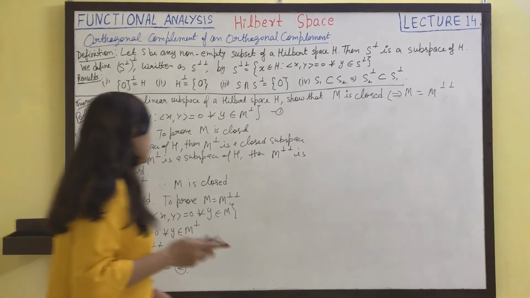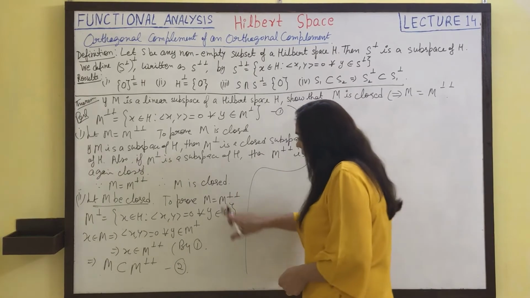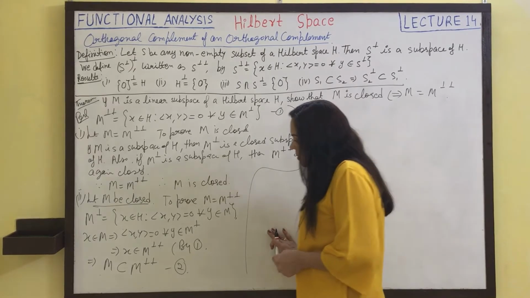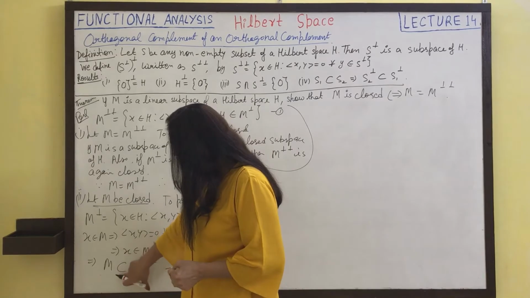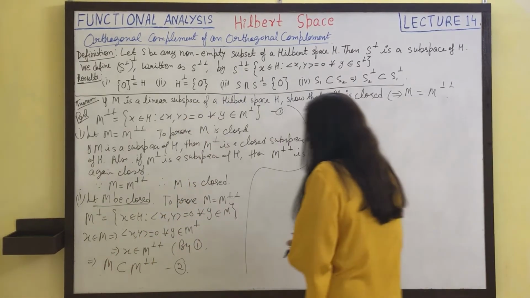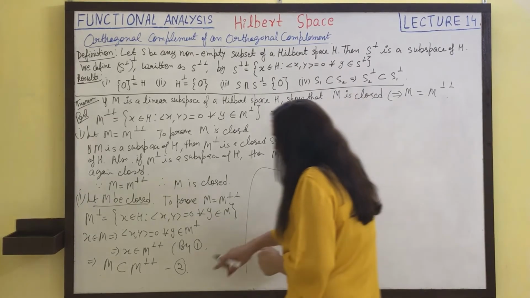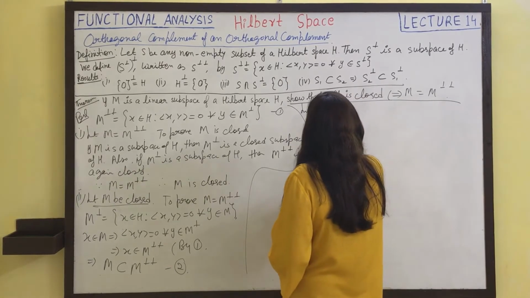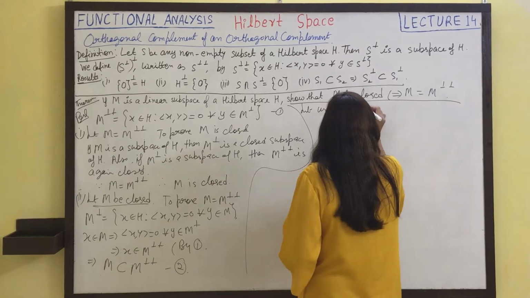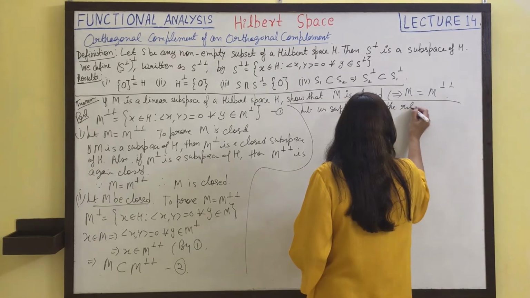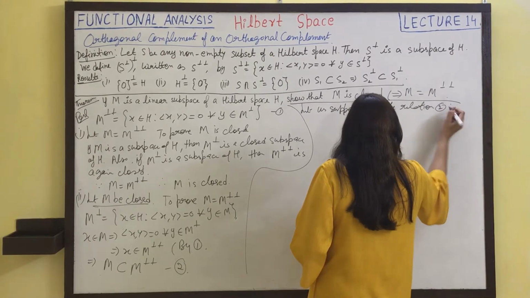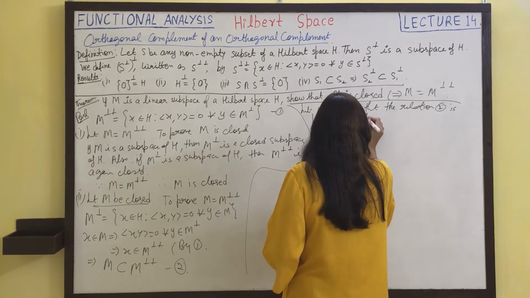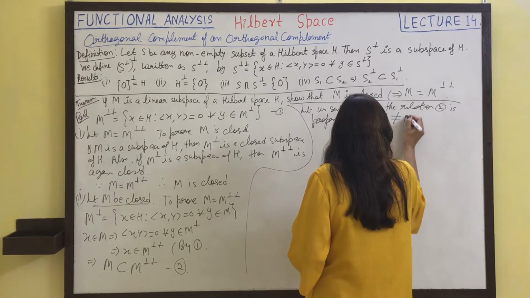Now, to prove that M is equal to M perp perp, we have to prove that M perp perp is also contained in M. Now, suppose this relation 2 is proper, so that M is not equal to M perp perp.